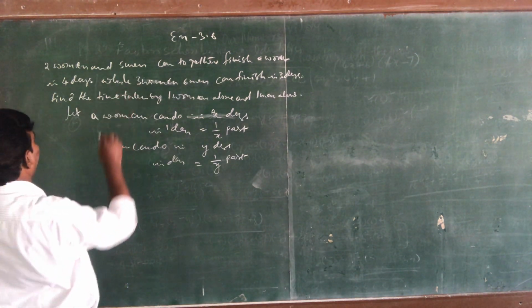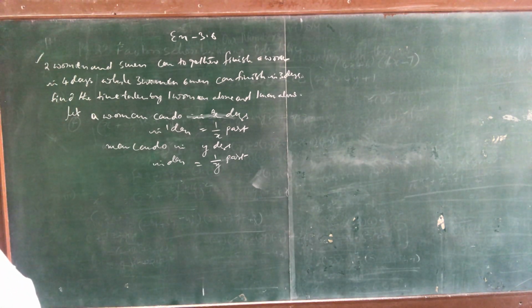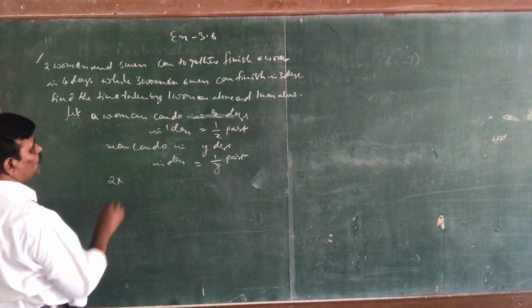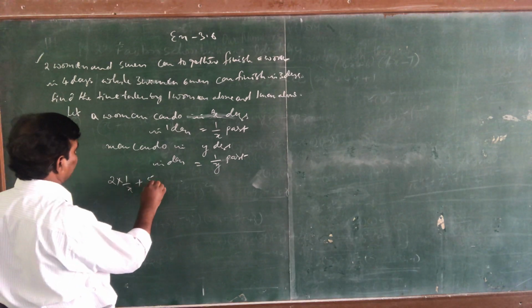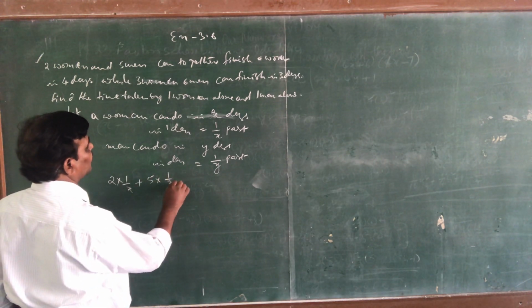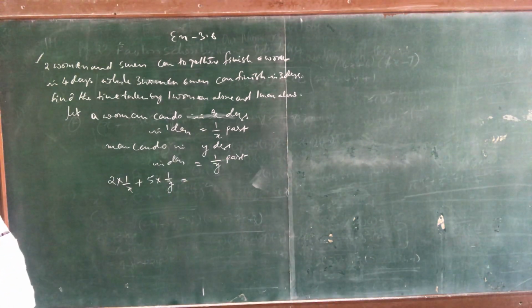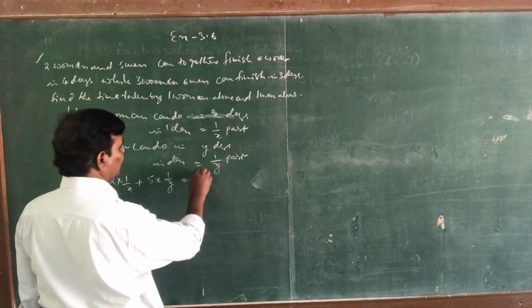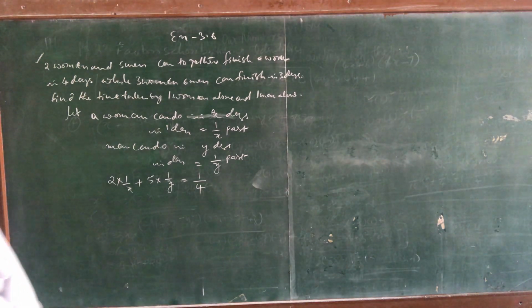So here, as the first condition, 2 women and 5 men can together finish the work in 4 days. 2 women: 2 into 1 by X, plus 5 men: 5 into 1 by Y, is equal to, how many days are they completing it in? In 4 days. But in 1 day it is 1 by 4th part.